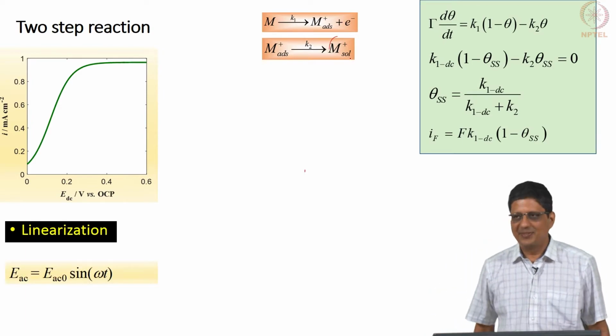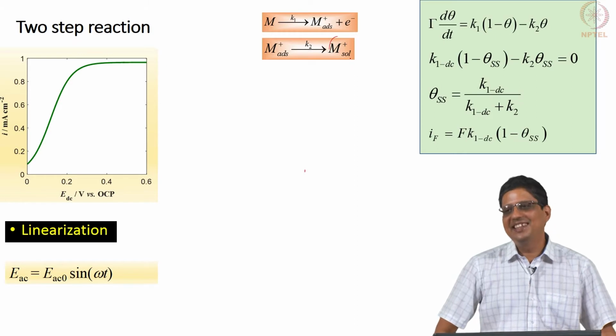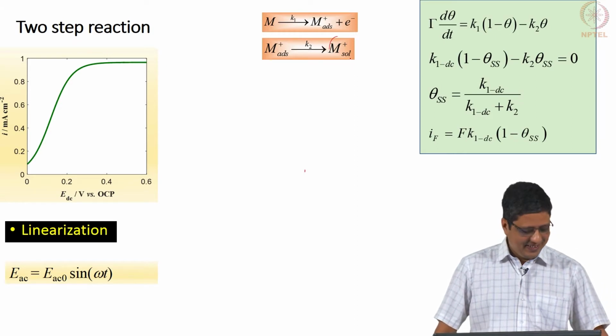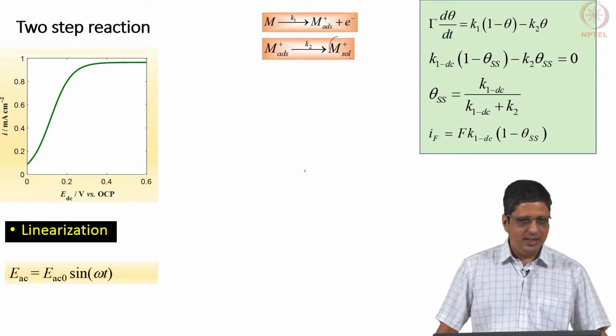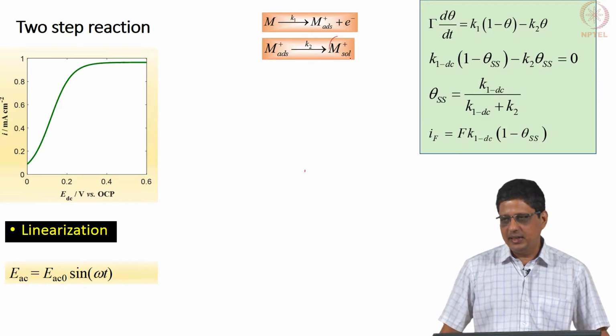Now, the fun starts. When you go to AC, we use the notation that EAC is going to be EAC0 sin omega t. We will vary the omega.